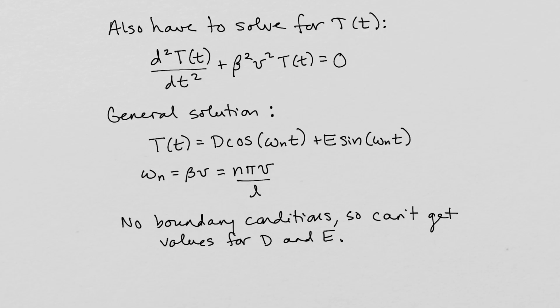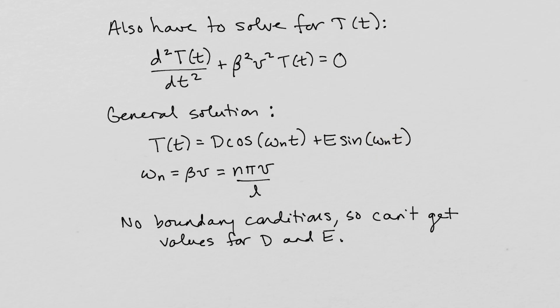So we end up with a general solution for the time part of our wave equation given here, where we have a little bit of a different notation since we're dealing with the time domain than we had for our x domain. So we just have this omega popping in there. We have an omega t inside of our sine and cosine arguments.